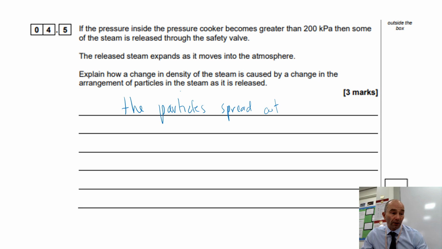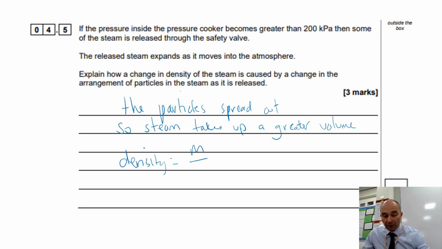There's our first mark. So it means that the steam takes up more space, takes up a greater volume. But remember, we've got the same number of particles there. So we've got the same number of particles, but taking up more space, a greater volume. And for your third mark, you've got to remember that density equals mass over volume.